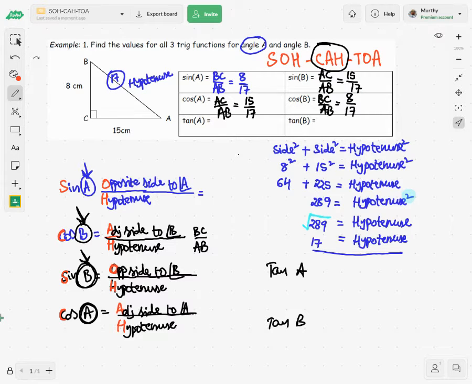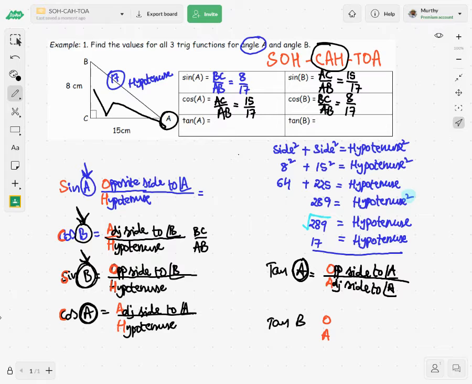Next tan A, so TOA. Let me write that, TOA. Now O stands for opposite side to angle A, please write everything in detail, and A stands for adjacent side to angle A. So what is the opposite side to A?